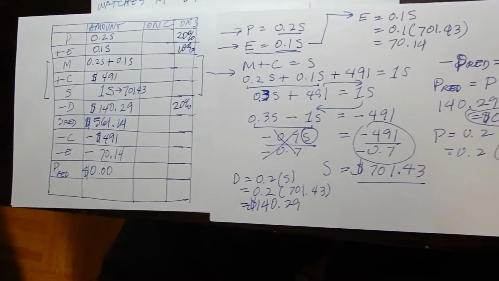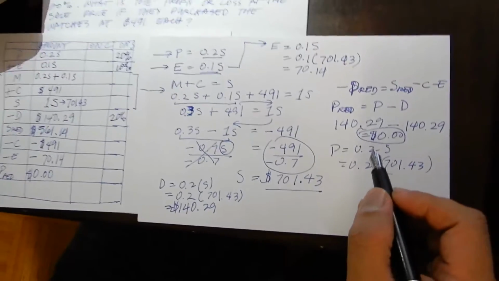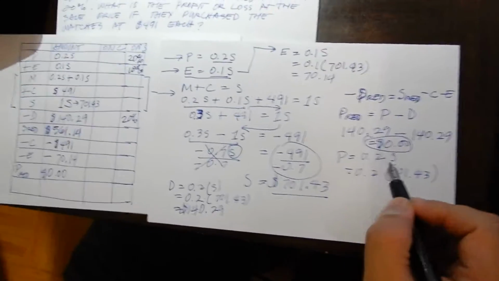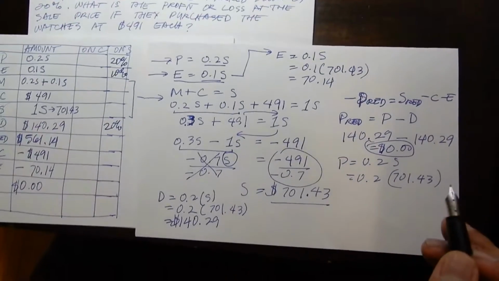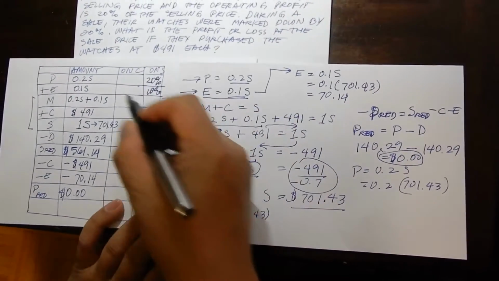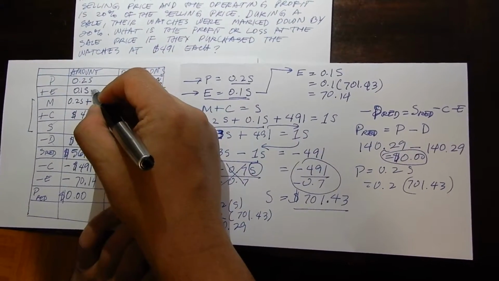Okay, so that's it. That's how you get the reduced profit from a question of this nature. It's 0, and the procedure is you always fill in the P and E boxes.